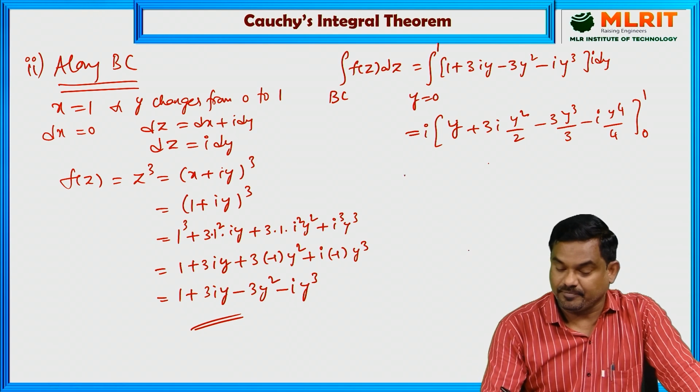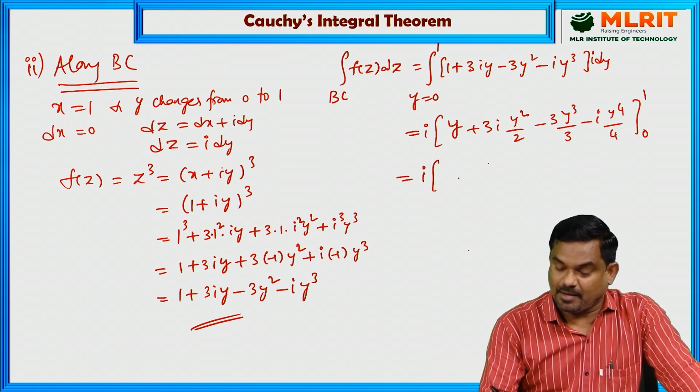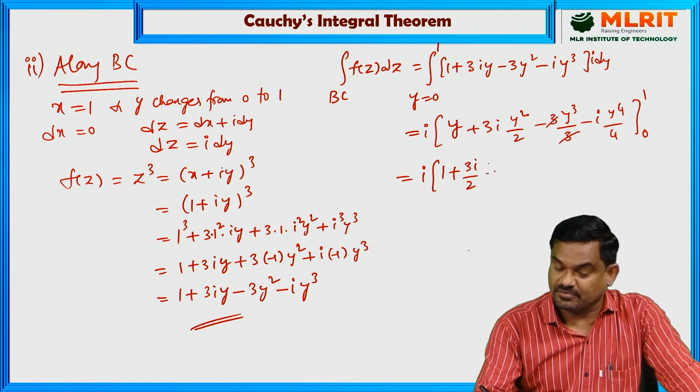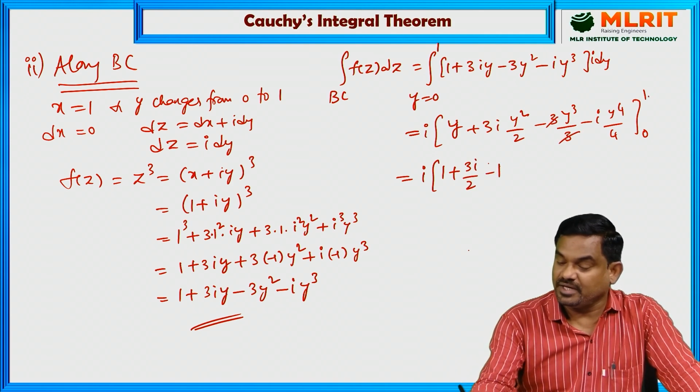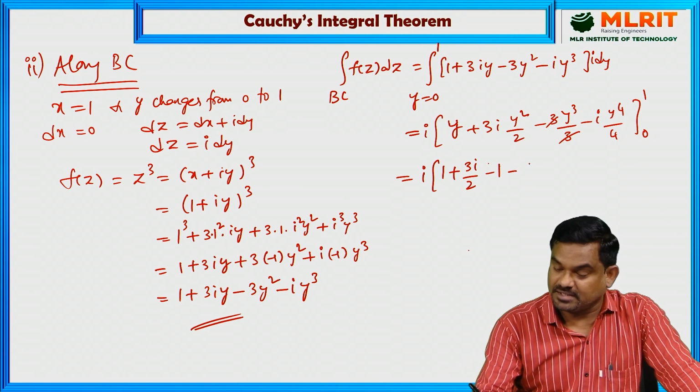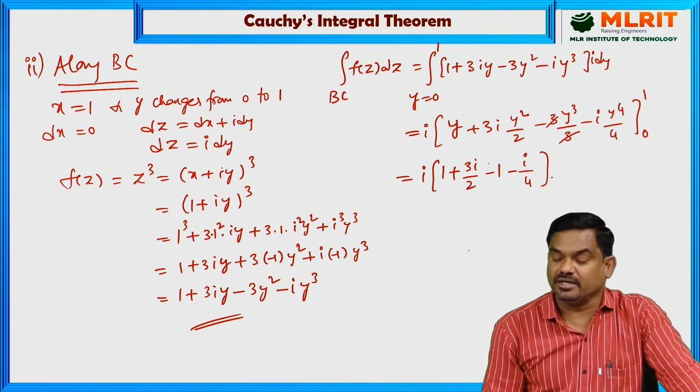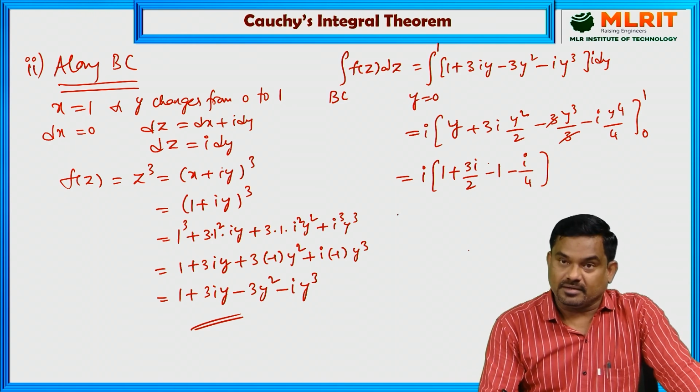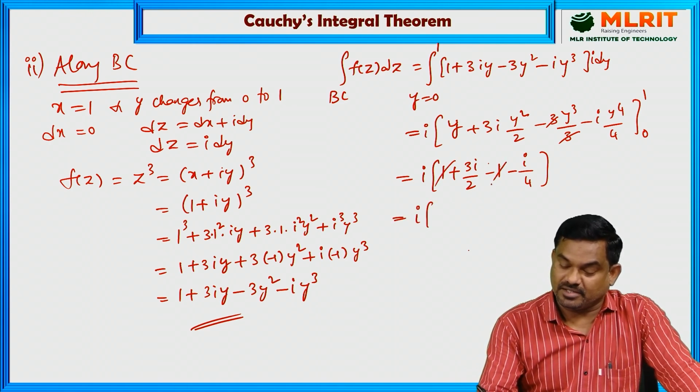from 0 to 1. By applying the upper limit, here we get 1 plus 3i by 2 minus 1, y equal to 1, so minus i by 4. For the lower limit, we get 0. And which results as i into this, 1 minus 1 gets cancelled.